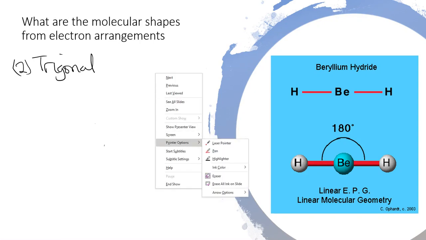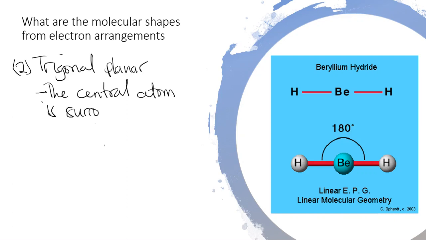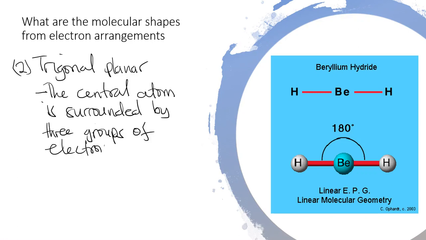Now, when do you have a trigonal planar? You have this when the central atom is surrounded by three groups of electrons.